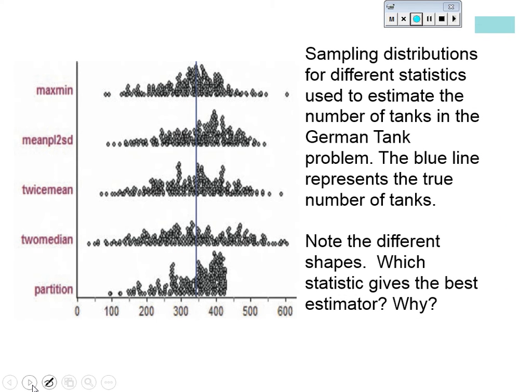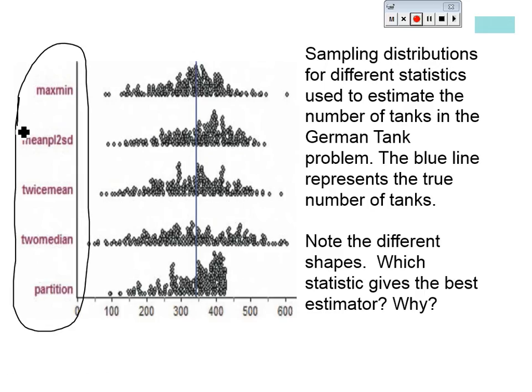So just finishing up here with some different things with sampling distributions, and this was just some different formulas that I came up with in regards to the German tank problem and the corresponding sampling distributions that go with them. And the question here at the end says, which statistic gives the best estimator and why? So remember what we're looking for when we're talking about the best estimator.